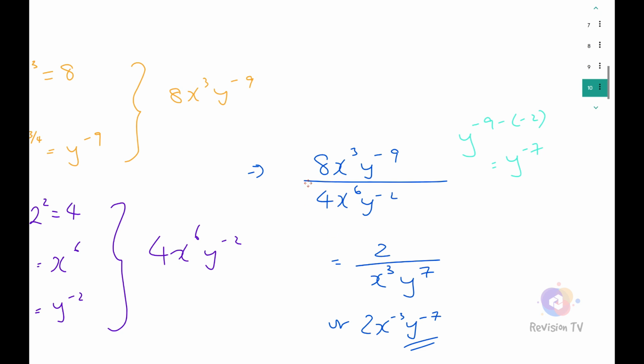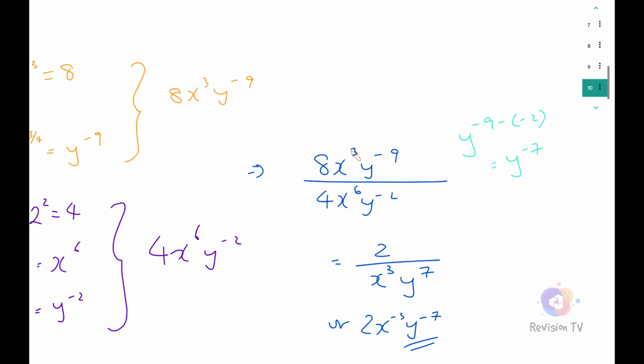Now we simplify it. 4 and 8 cancel down to 2 in numerator. That shouldn't be an issue. X to the power of 3 and x to the power of 6. The winner is x to the power of 3 in the denominator, because 3 take away 6 is negative 3, which means 3 in the denominator. Now for this one, I do want to talk about the power of negative. How do you cancel out?